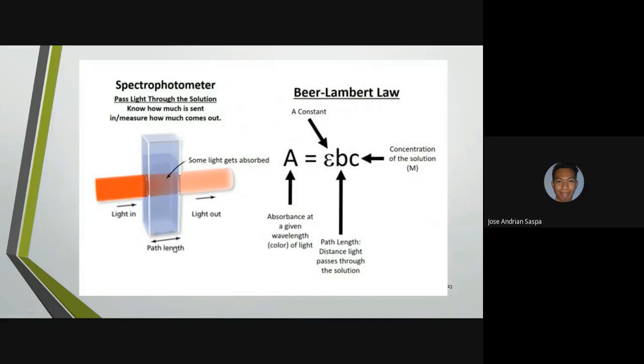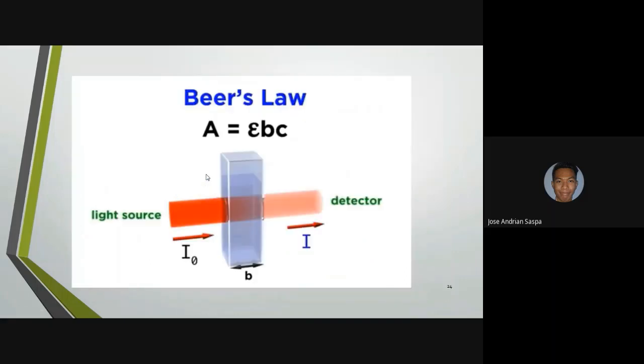Here we have the cuvette, showing the light in. As you see, this is red, and after it passes through the sample, the light turns to a lighter red color.